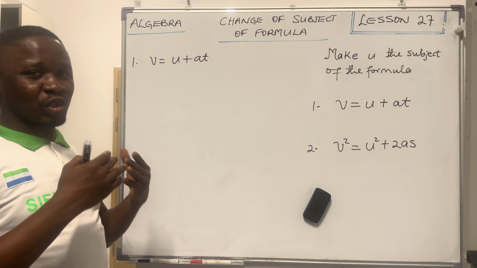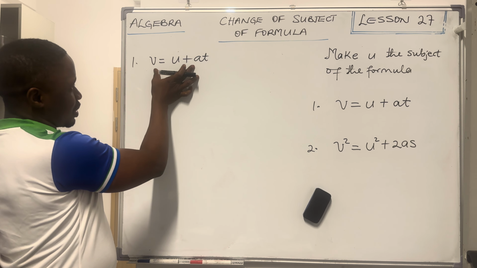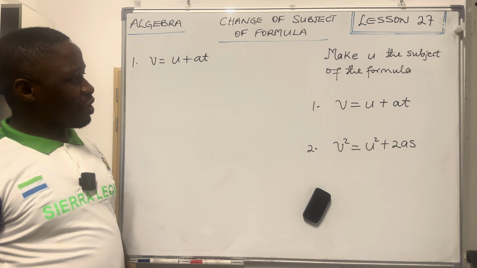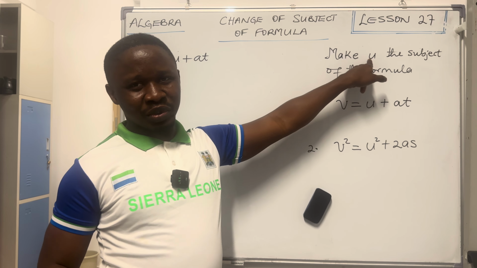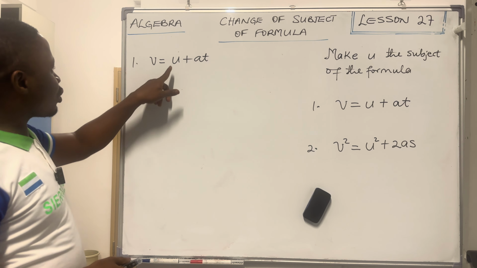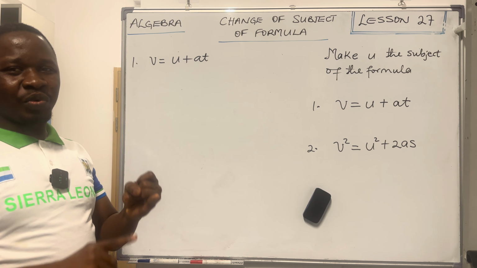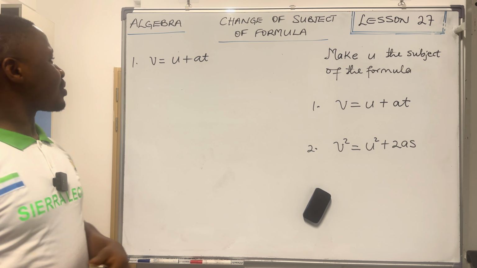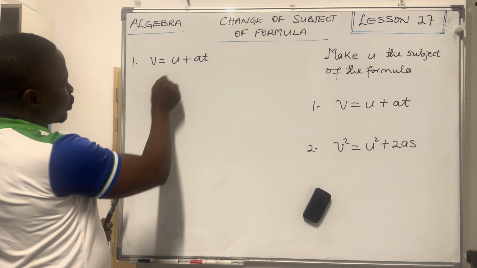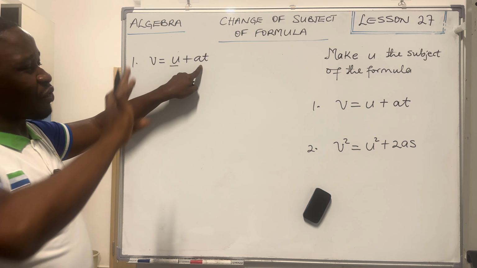That makes it the subject of the formula. Now, they want us to make U the subject. So we want U to stand alone on one side with a power of 1 and a coefficient of 1. So since we want U to stand alone, let us remove AT from that side.